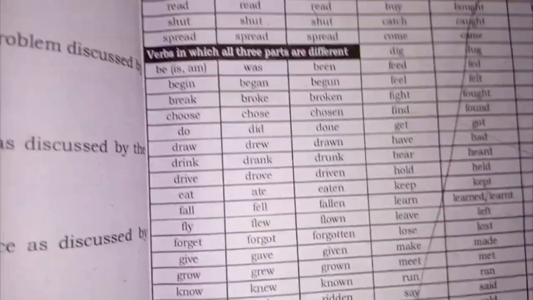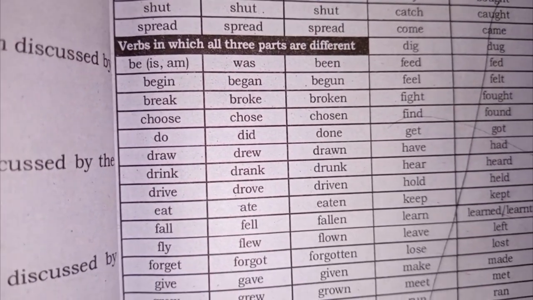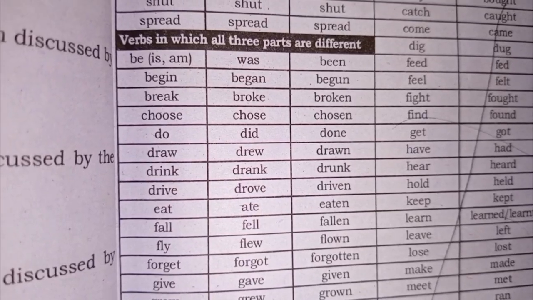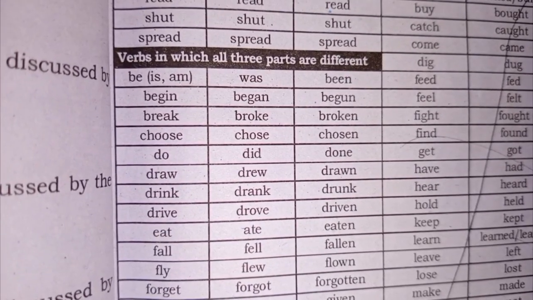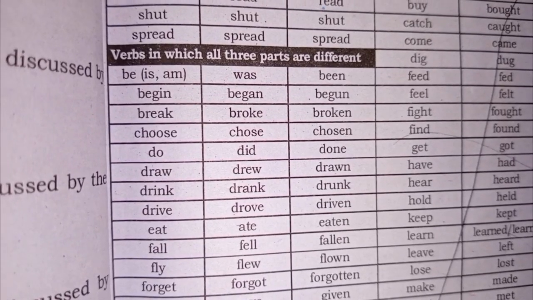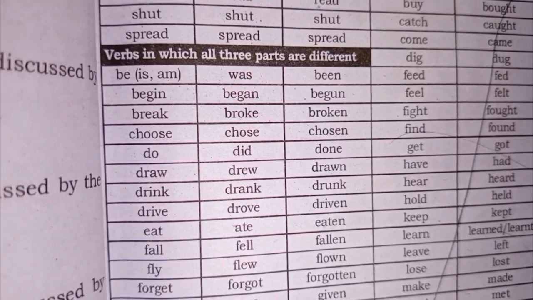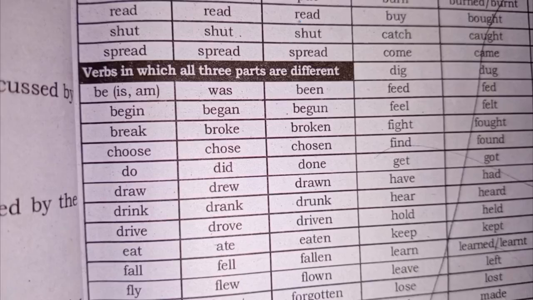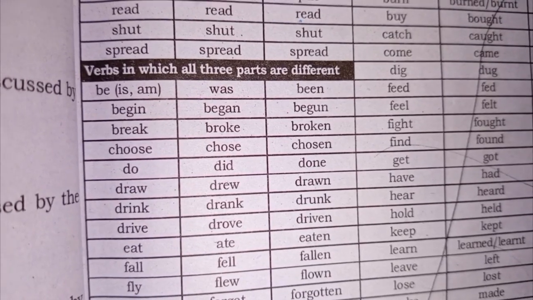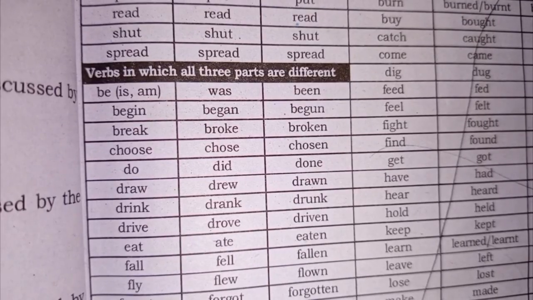The third type of irregular verbs is when the verbs have all three parts different. Like am, was, been; here be means helping verbs.